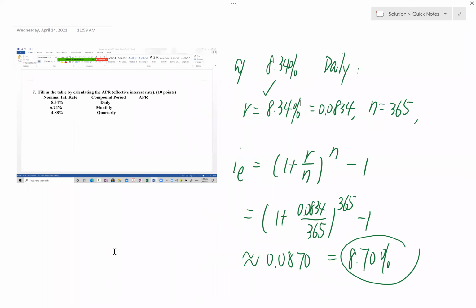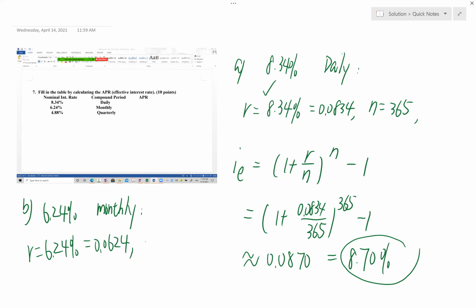And then part B, let's see. Part B, we have 6.24% compounding monthly. Easy, we only need to know two things: the rate, 6.24%, 0.0624, and the number of compounding periods, 12 per year.